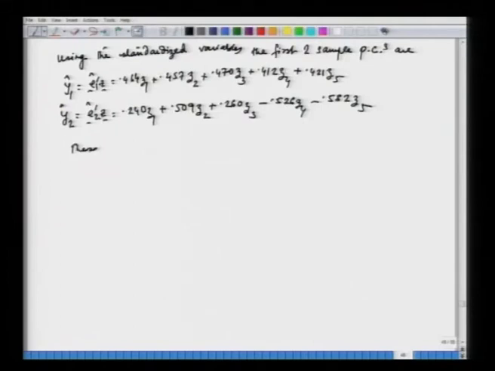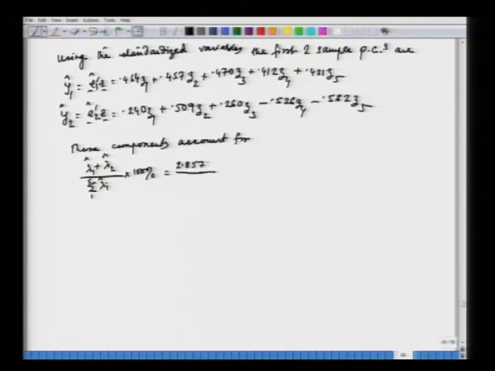So, these two components account for lambda 1 hat plus lambda 2 hat over the sum of lambda i hat, from 1 to 5, times 100%. This is 2.857 plus 0.809 over the sum, which is the trace of the matrix, the sum of the eigenvalues of the R matrix.